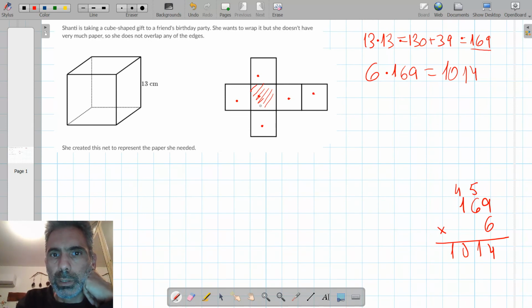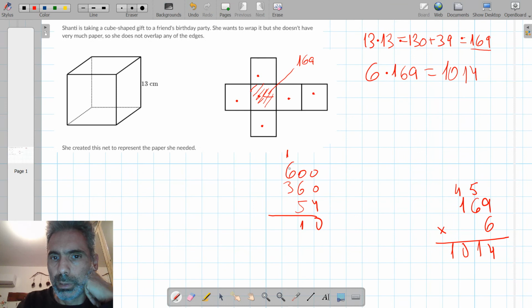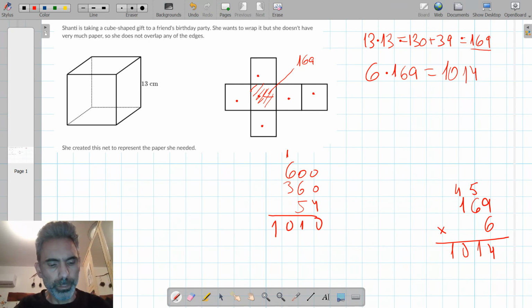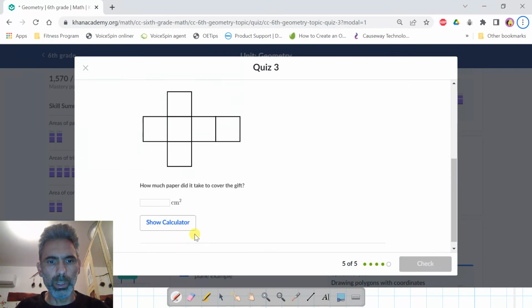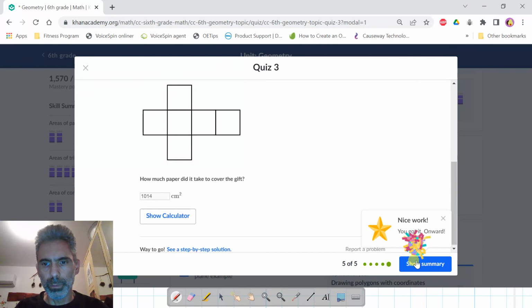So each face is 169, and we have 6 of them. 6 times 100 is 600, 6 times 60 is 360, 6 times 9 is 54. So 1014 centimeters squared. Good.